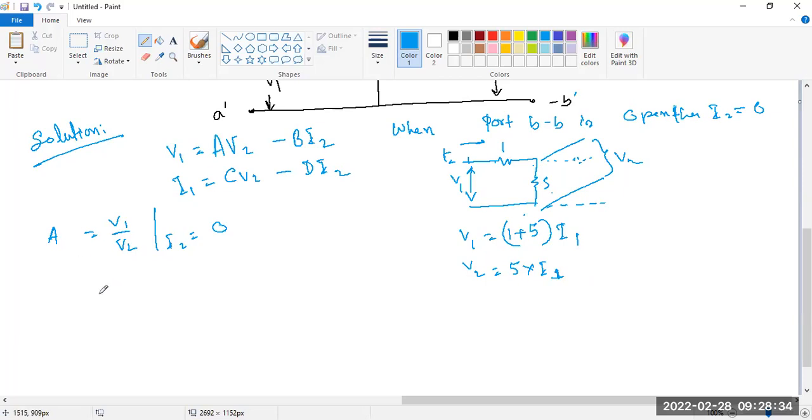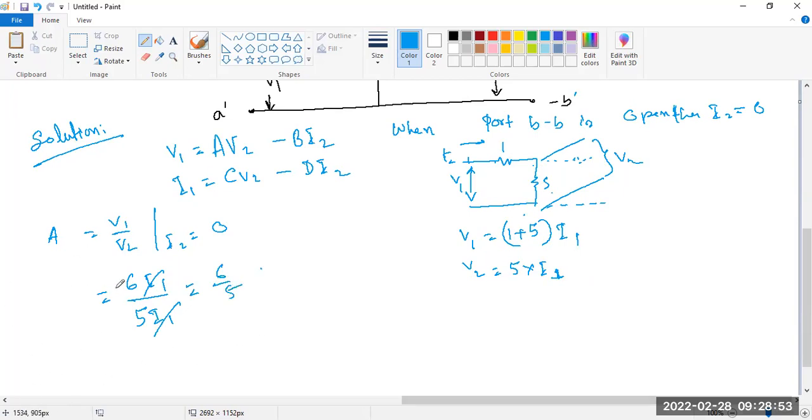So put this value: that is 6 I1 and that is 5 I1. Just cutting down, we are getting A equal to 6 by 5.